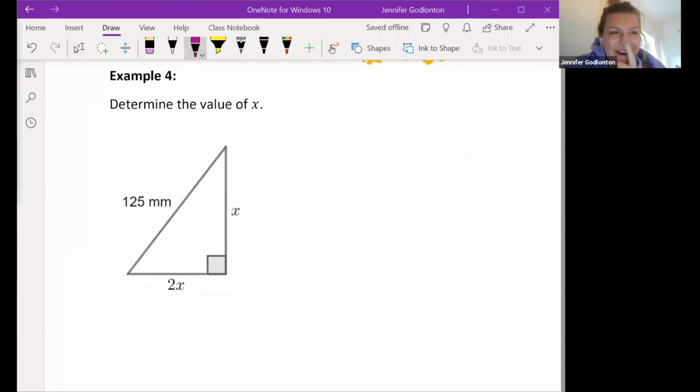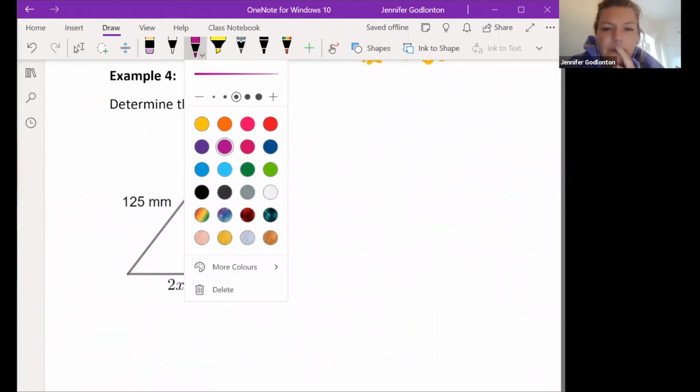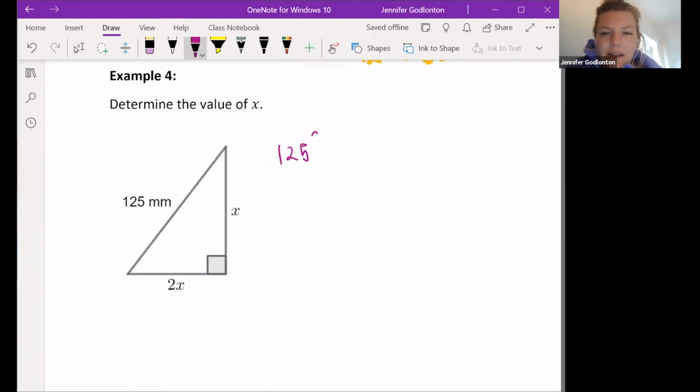Lunati, I see you feeling brave. Okay, ma'am. So firstly, you would say 125 squared. Let me just get a slightly thinner pen. Ma'am, and then would you put the 2x in a bracket, then you put the squared? Good, you would absolutely put it in a bracket.